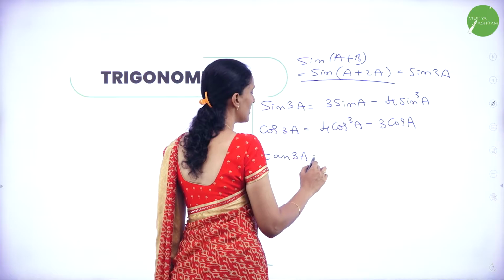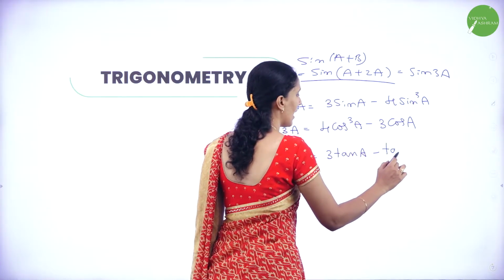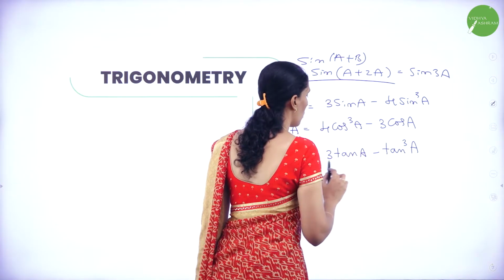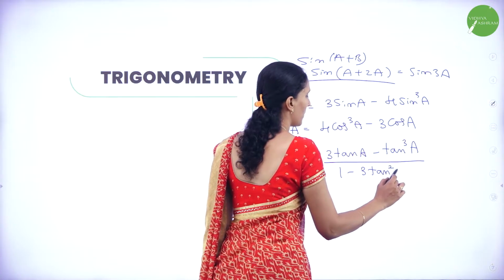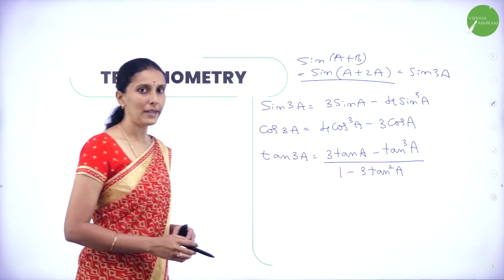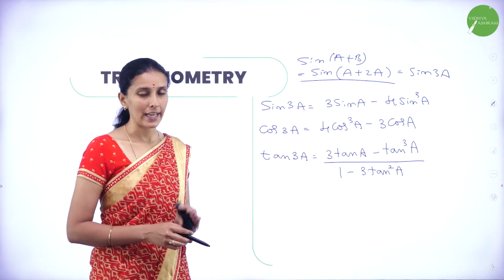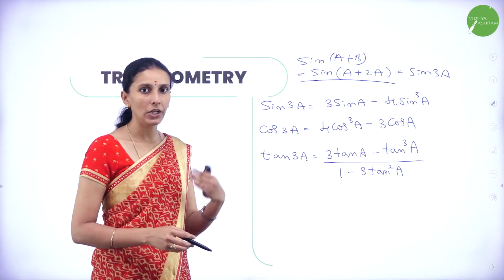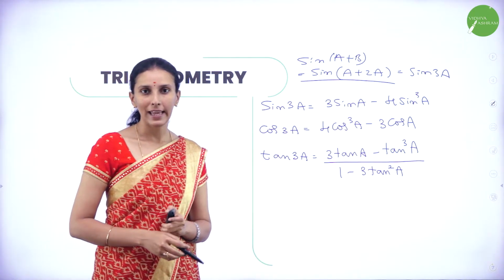Tan 3A is 3 tan A minus tan cube A over 1 minus 3 tan square A. So these are the formulas for the multiple angles sine 3A, cos 3A and tan 3A. Again, all these formulas are obtained using the compound angles formula only. So learn all these formulas.